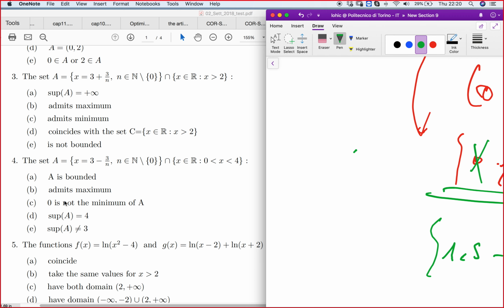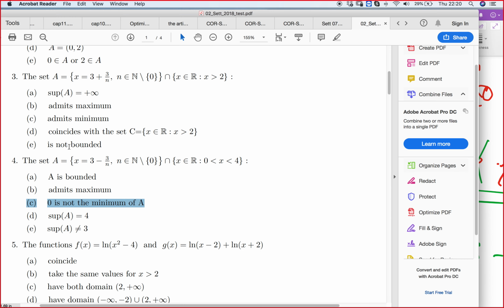It means that here we have to stop, because 0 is not the minimum of A. Yes, it's also correct, 0 isn't the minimum. The supremum of A is 4, false, right? The supremum of A is not 3, false. But C as a possible answer is also true. So here we have two potential answers, A and C.